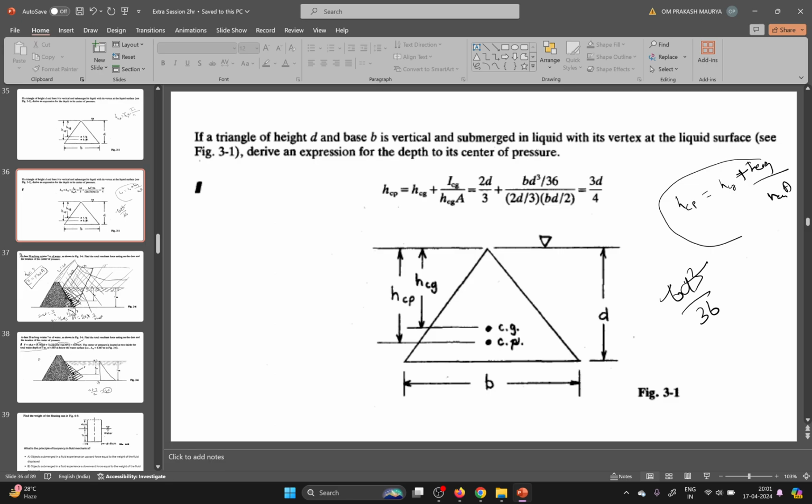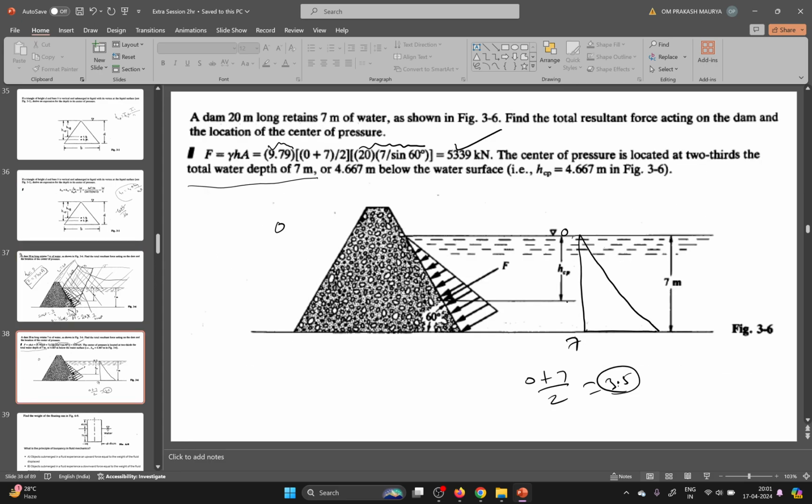In the case of this type of structure, the center of pressure is located at 2/3 of your depth from the top. For a triangle, the center of gravity from below is 1/3. If this height is h, your center of gravity from the bottom is h/3, so this is 2h/3.